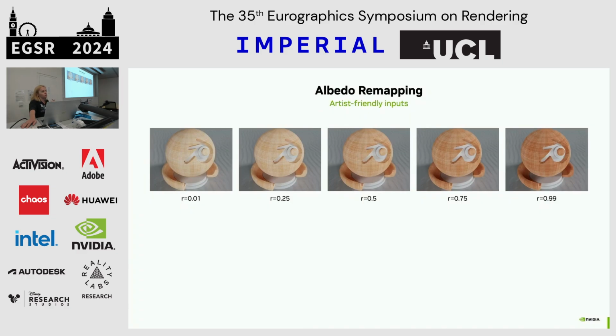So if you want to paint a texture and the color you get out is not the color you get in, you are in deep trouble. So we also propose, in this sense, a remapping, which allows us to take an input texture, under the hood, do some magic to convert it into something else, feed that one into the BRDF so that the result is the one which we expect.